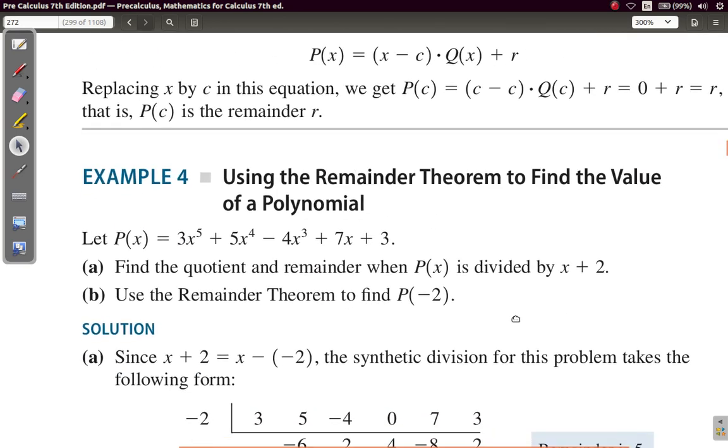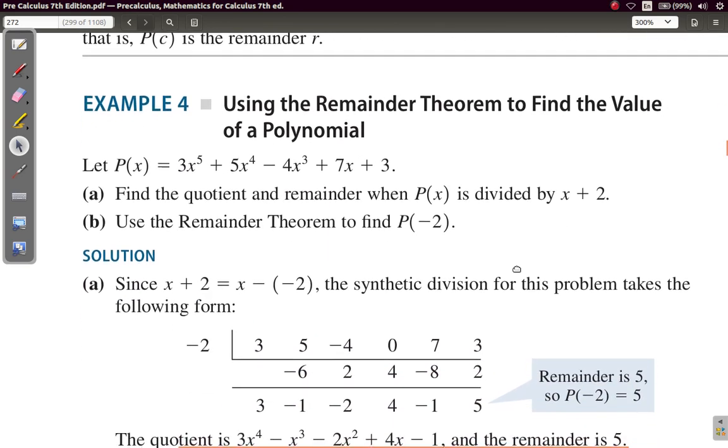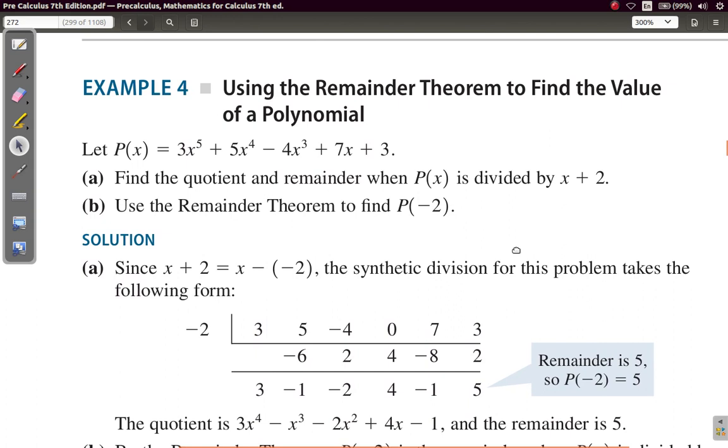Alright, what did you get? So you would have got 3x to the 4 minus x cubed minus 2x squared plus 4x minus 1, remainder 5. If that was not what you got, I want you to pause the video and do it again, check back, and if it's still not what you got, pause the video and try again.